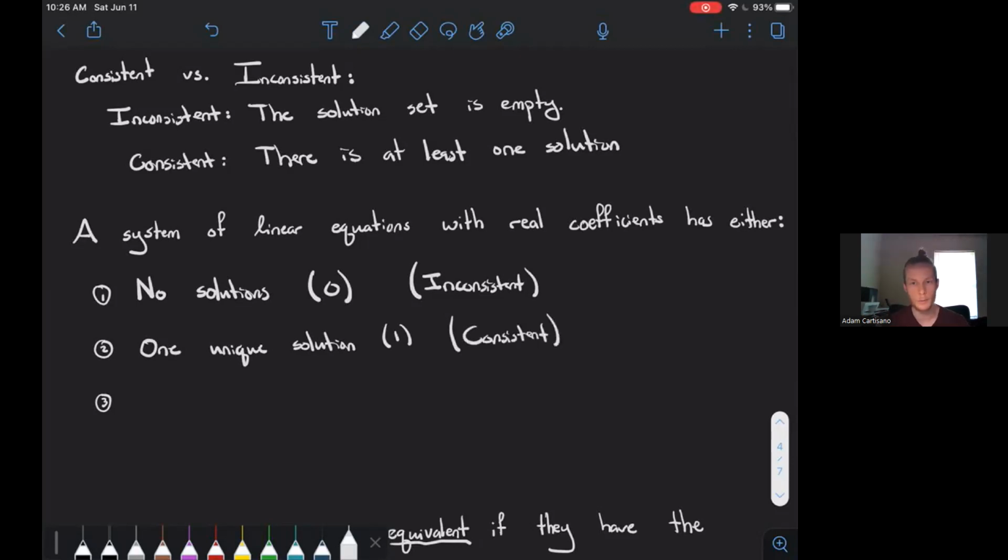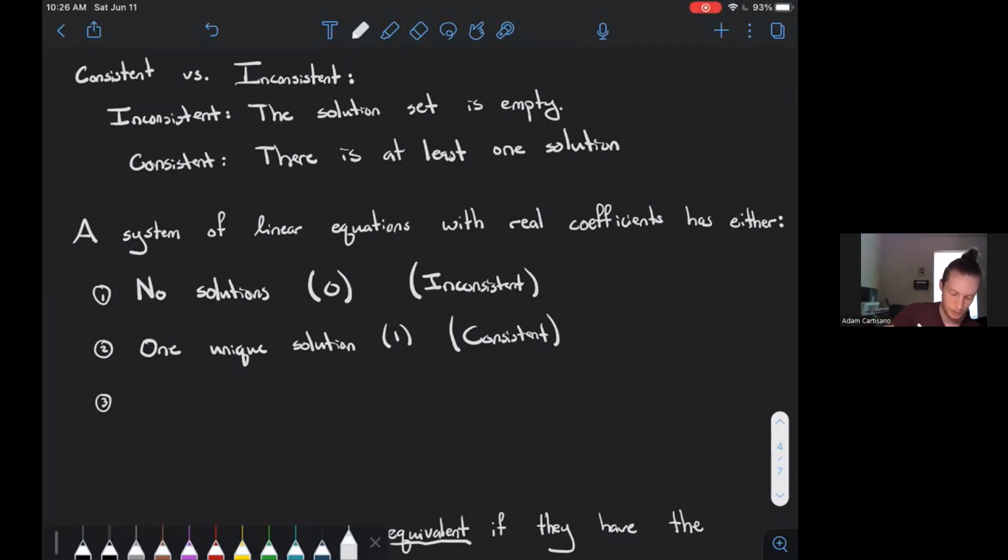And then what if you had two solutions? What if you were able to find two solutions to a system of linear equations? Well, as it turns out, any linear combination of those solutions will also be a solution. Which means already I can have infinitely many solutions.